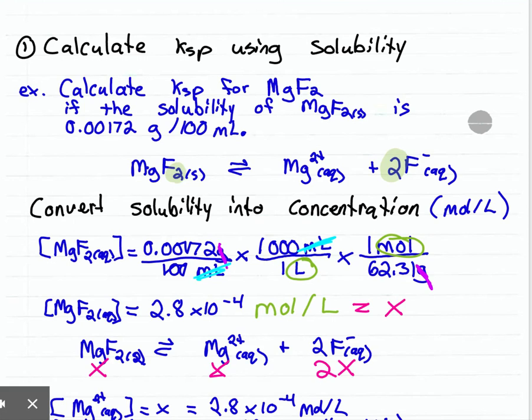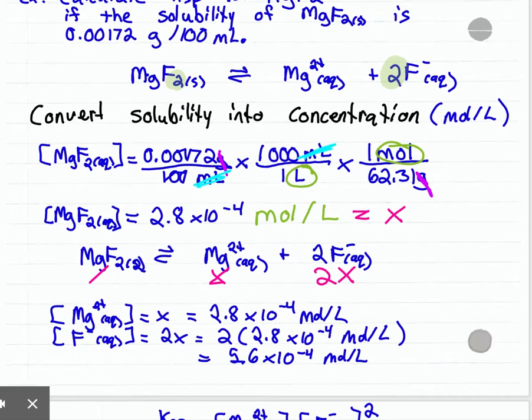So we know that the solubility of magnesium fluoride is 2.8 times 10 to negative 4, and that equals X. So the concentration of the magnesium ion is going to equal X, which equals 2.8 times 10 to negative 4.